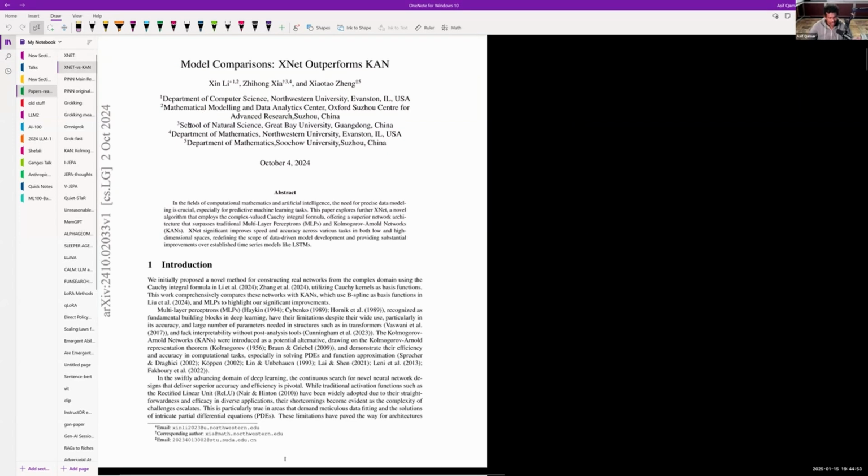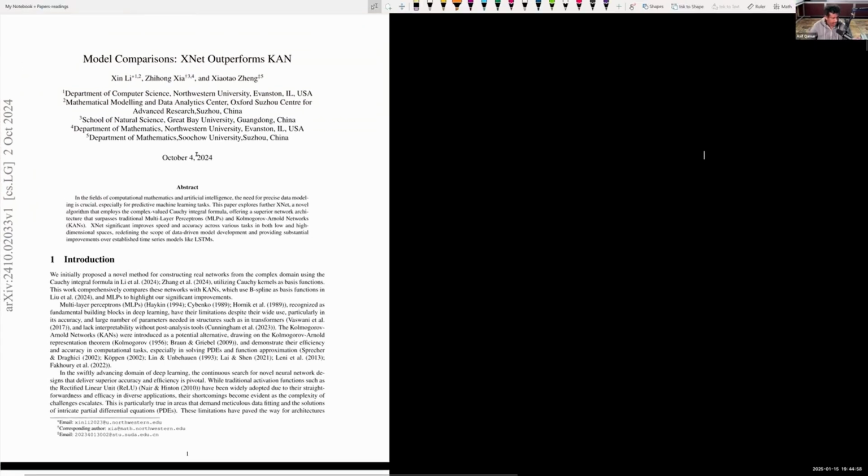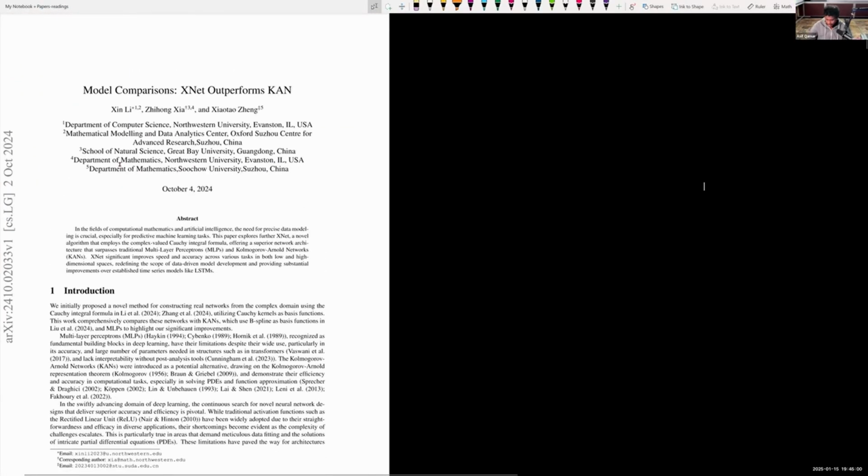Okay, so this is just presenting simulation results. No new ideas presented here as far as I could read. But they're just doing a comparison against a different class of neural network, which has also gained quite a bit of interest in the community, which is the Kolmogorov-Arnold networks.